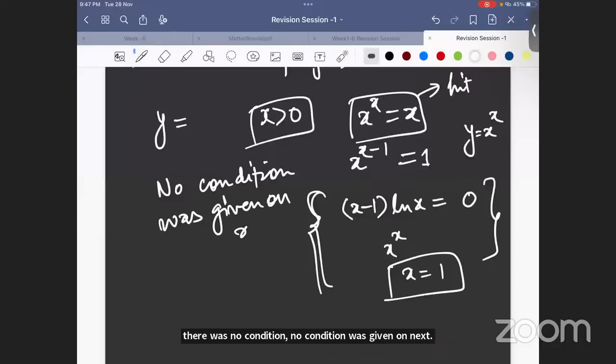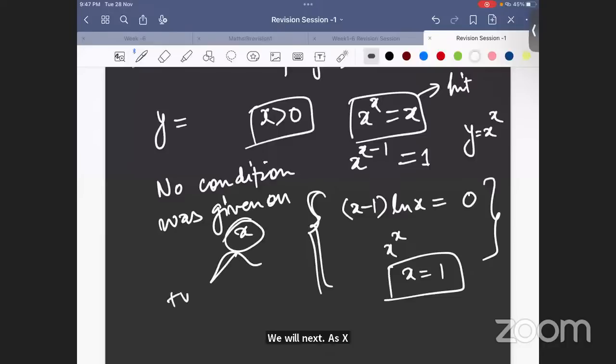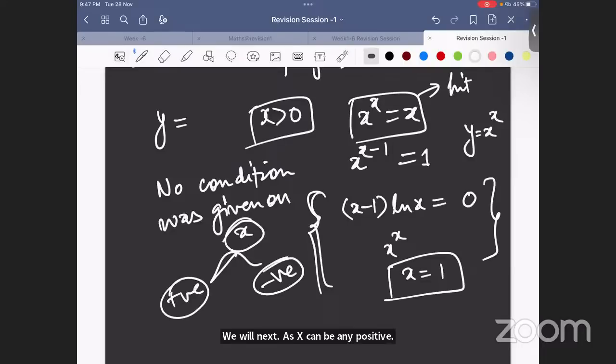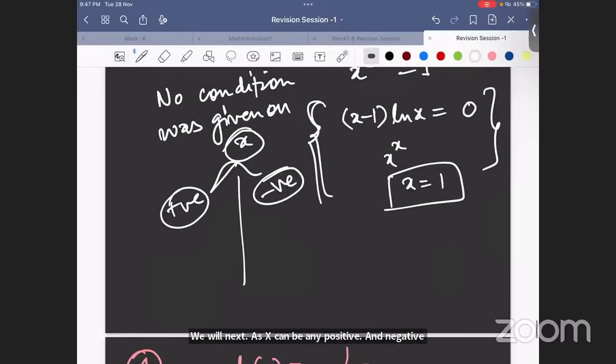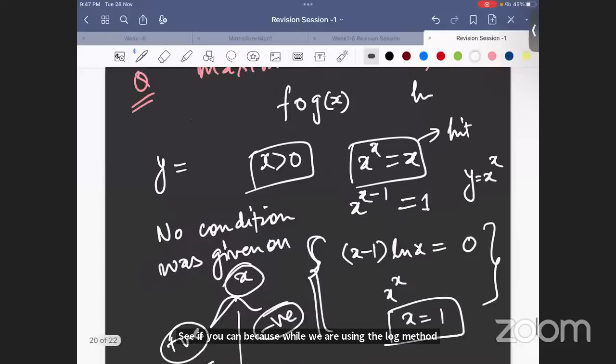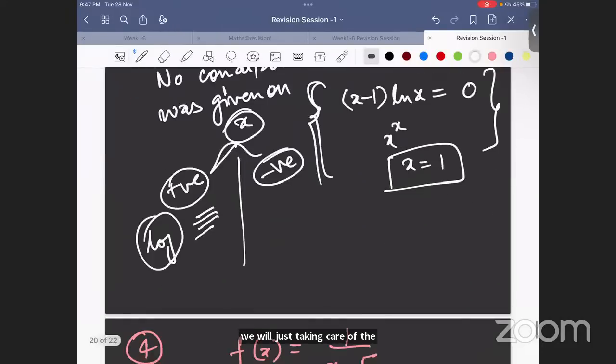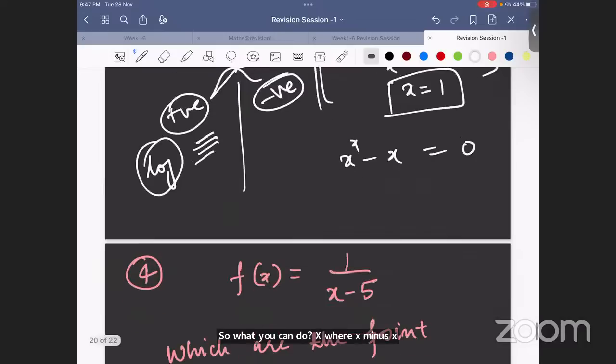As x can be any positive and negative values also, correct? While we are using the log method, we were just taking care of the positive values only, right? Correct? Yes, sir. What you can do, exclude x minus x equals to 0, right? Here if you are taking x common, what is left with x, and this is x, right? X minus 1 minus 1 equals to 0.